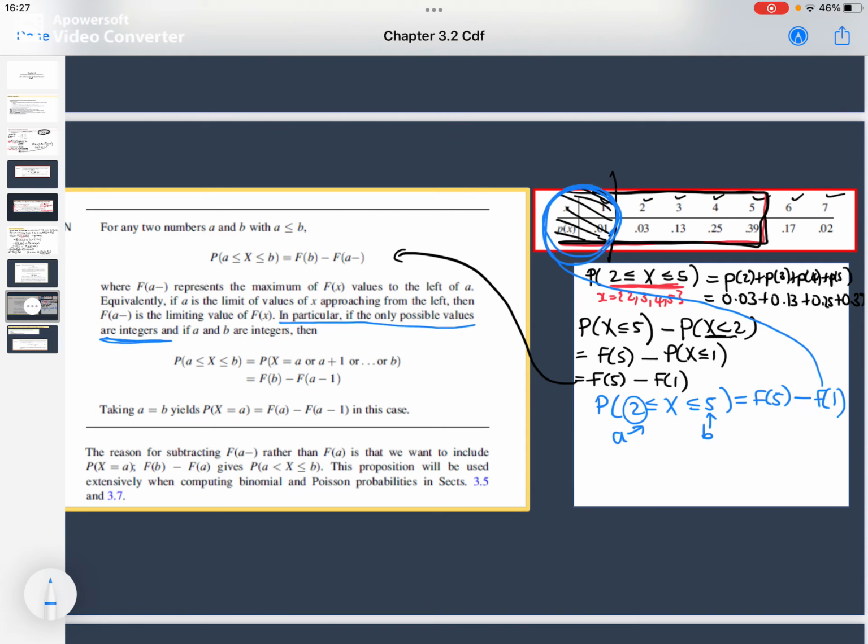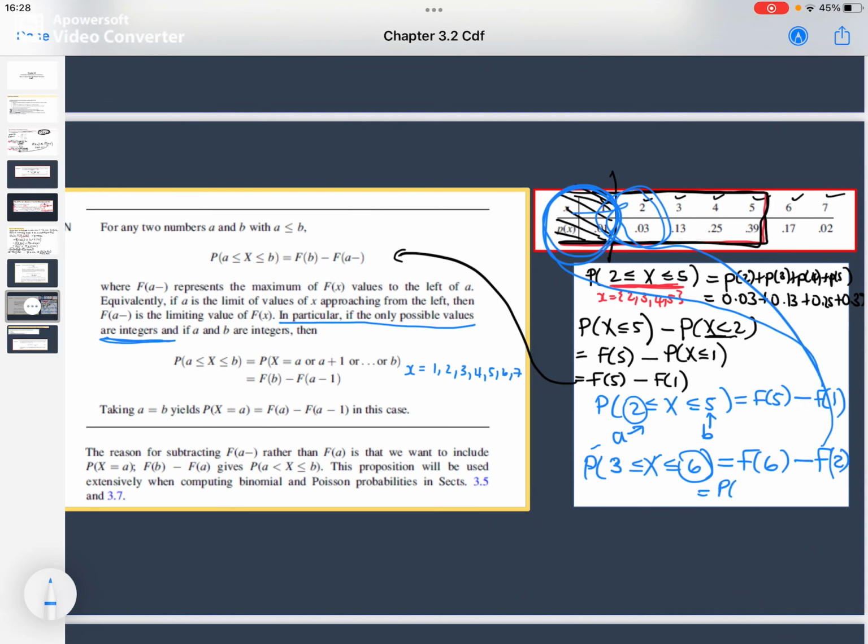And then this sentence here, if possible values are integers: in this case, we have a nice example where possible values are 1, 2, 3, 4, 5, 6, 7. So the probability that x is greater than or equal to 3 and less than or equal to 6 is equal to F of 6 minus F of the maximum value just below 3, which is 2.